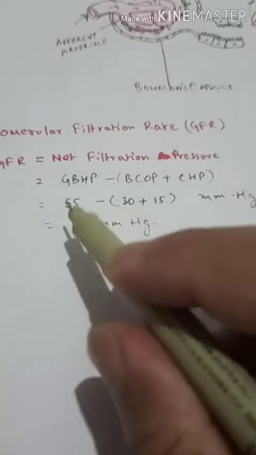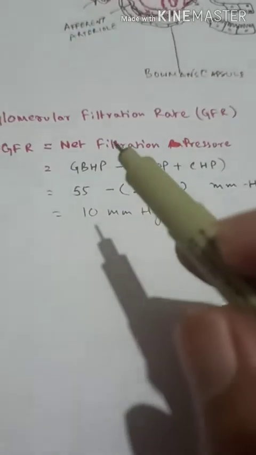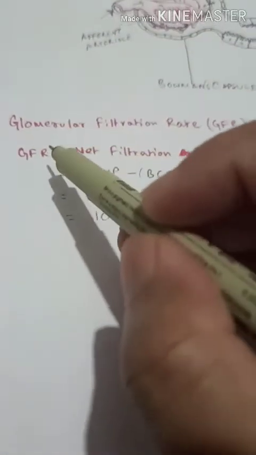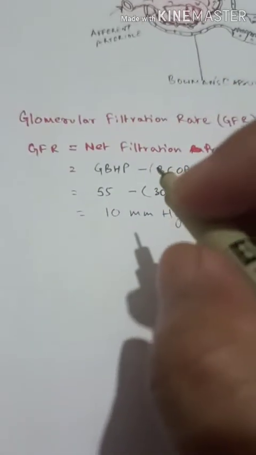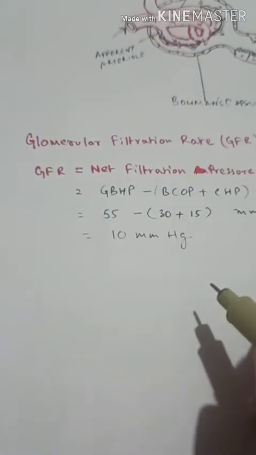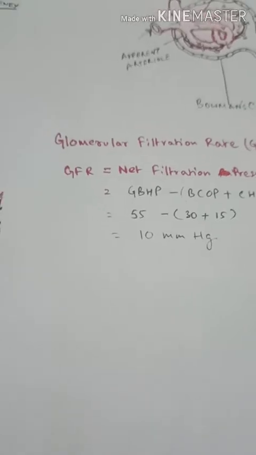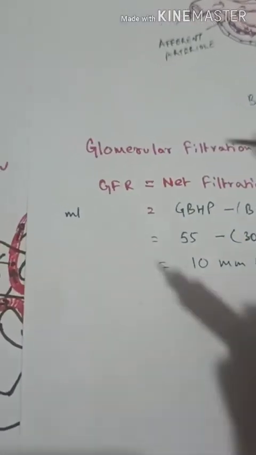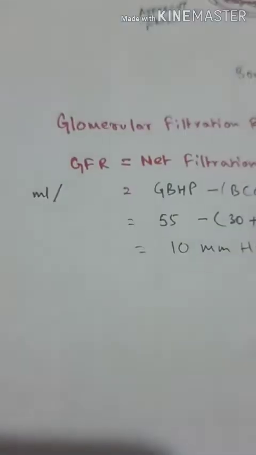This 10 mmHg pressure is what leads to formation of the glomerular filtrate, and the GFR is usually calculated as the amount of fluid getting out per minute.